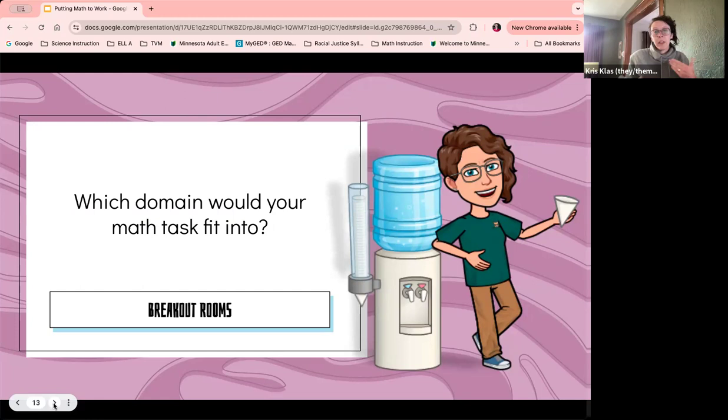So you can be thinking about, okay, my students need to read a blueprint. What's the math domain where I'm going to look for the CCRS standards that match with that task? I think it'll be another 5 minutes with an additional minute of warning for you to wrap up and be ready to come back.